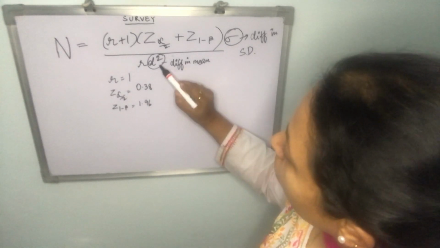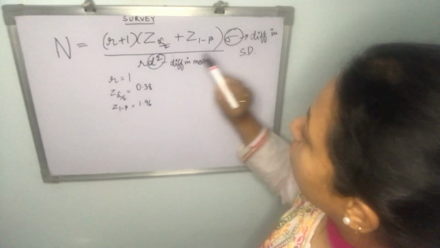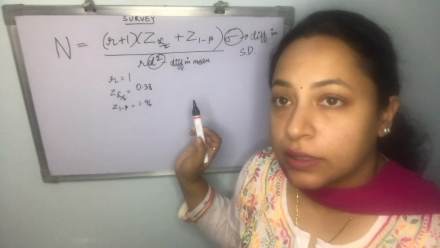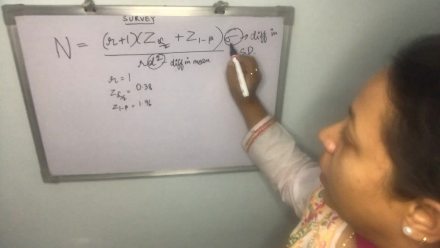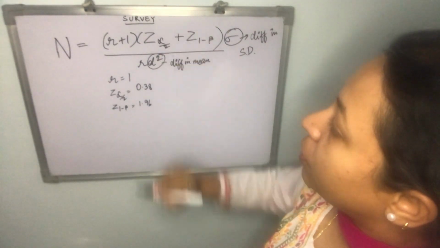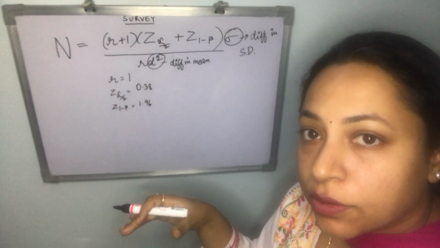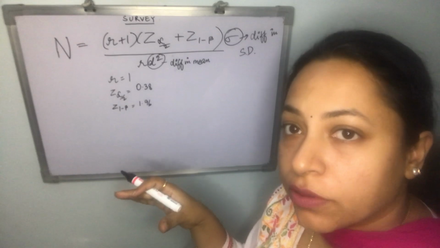Okay, so how do we get these two values? This is the real question where the students are actually stuck. And let me clear this. So whatever survey you are doing, you have your mother article, a previous study that you have started looking from.